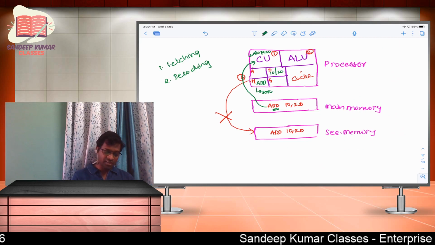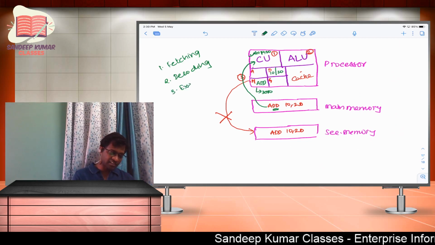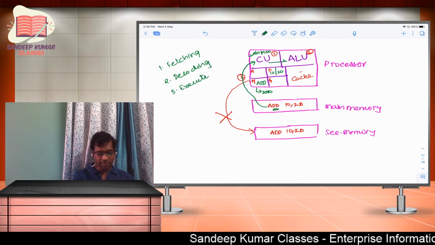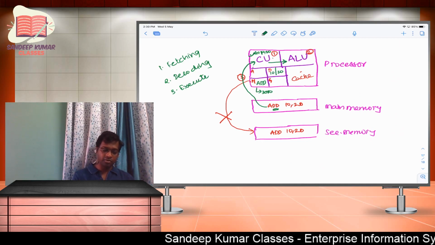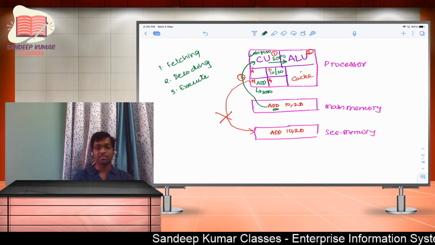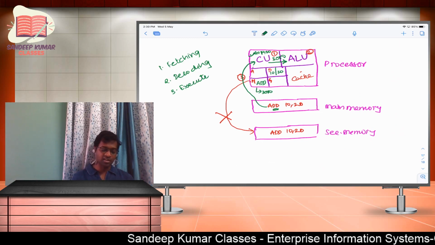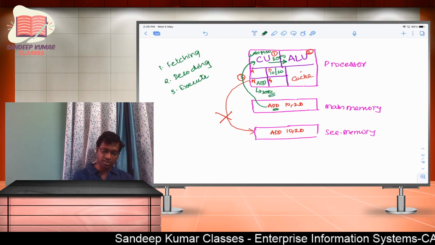Now, once decoding is completed, the third stage will start. It is called execute. That means the control unit will give a command to the ALU: go to the 3000 location and execute that instruction. The ALU goes to the 3000 location and sees the instruction: add.